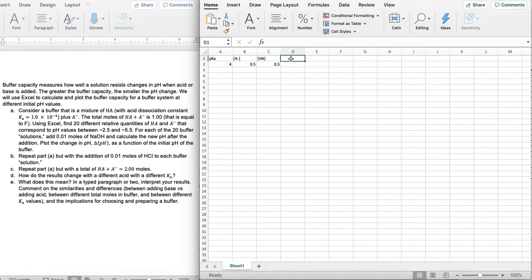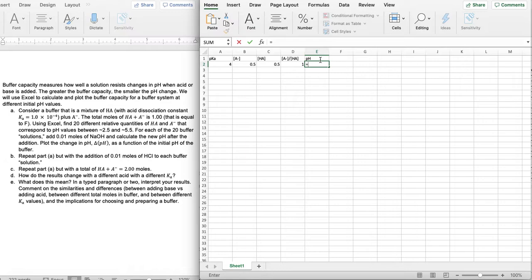So then if we wanted to find the ratio, you get to see all my keystrokes and all my mistakes now. Right, I know it's just one, but I want to actually put in a formula for this. And then I want to find what's the pH of this solution.